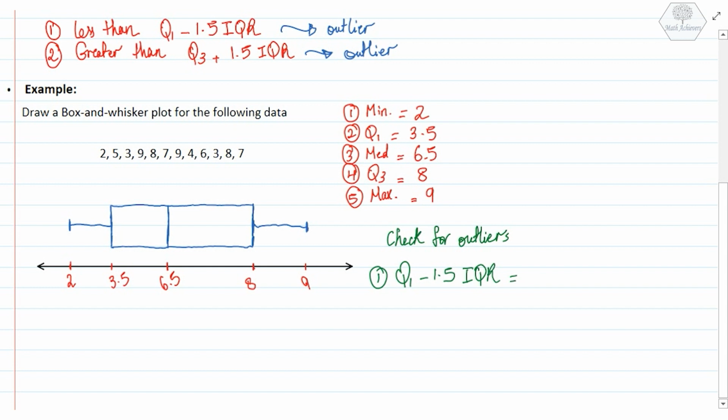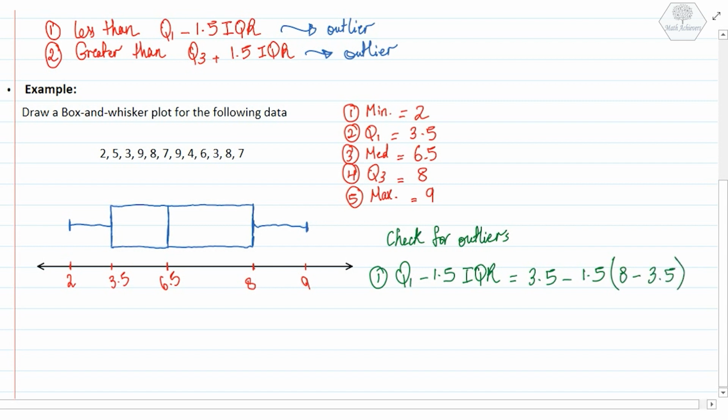This is equal to Q1, which is 3.5, minus 1.5 times Q3 minus Q1, 8 minus 3.5. So this value is 3.5 minus 1.5 times 4.5.